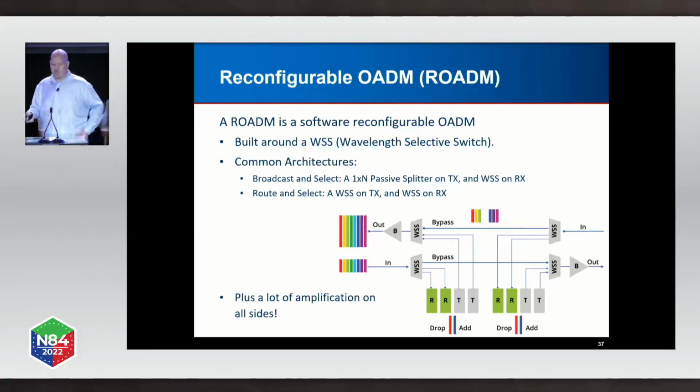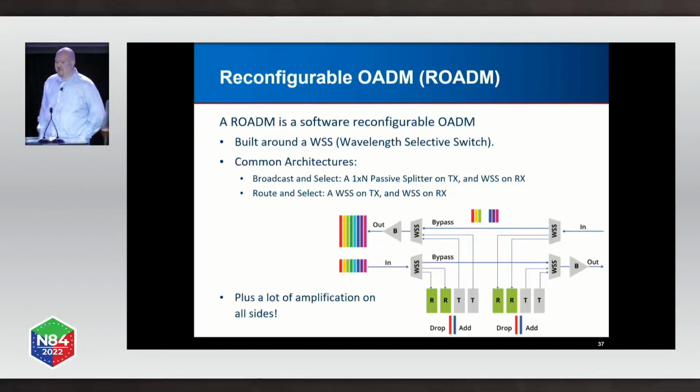So you take your signal and you split it and you just broadcast it to every possible direction, and then you have a WSS on the other side that picks out the one that you care about and discards the rest. And then the more sophisticated version is the route and select, and that's where you have a WSS on both ends. So you're actively controlling what you send and what you select and receive.